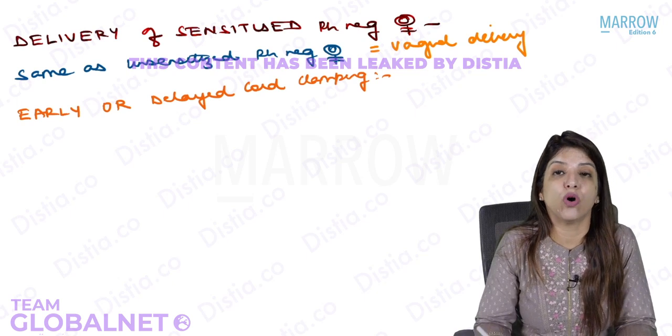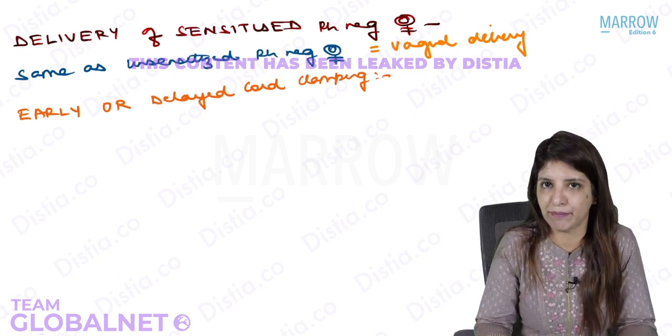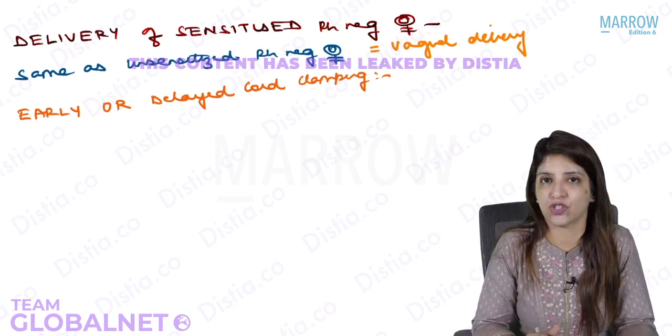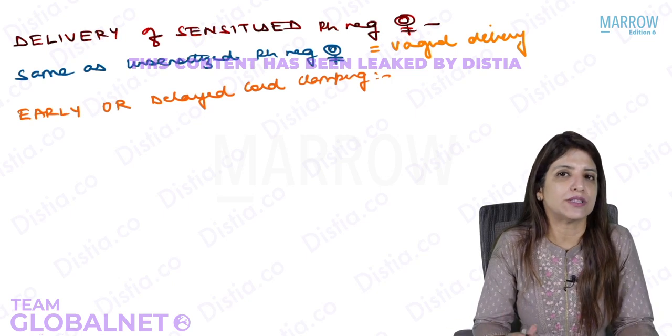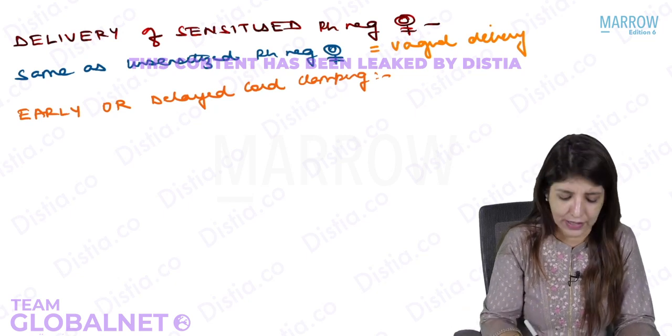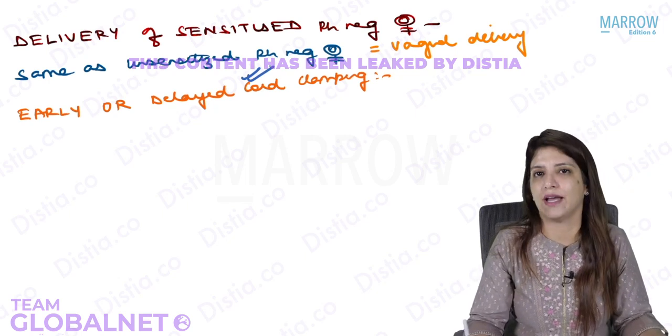If mother is already sensitized, there is no use of doing early cord clamping. Early cord clamping was done to prevent sensitization. And in this case, already mother is sensitized. So if already mother is sensitized, there is no use of early cord clamping. Why not let the blood go to the fetus? Right? So in this case, I'm going to go for delayed cord clamping.